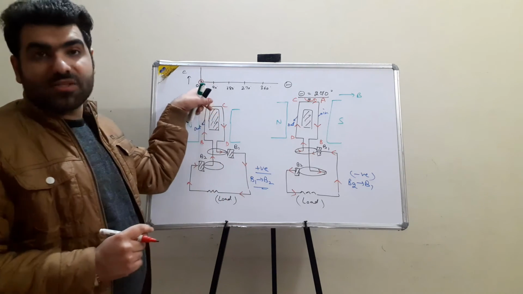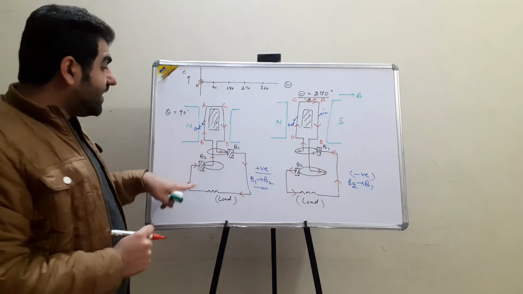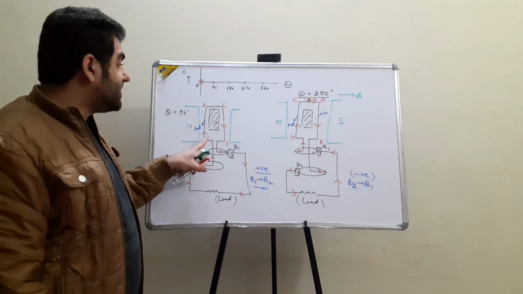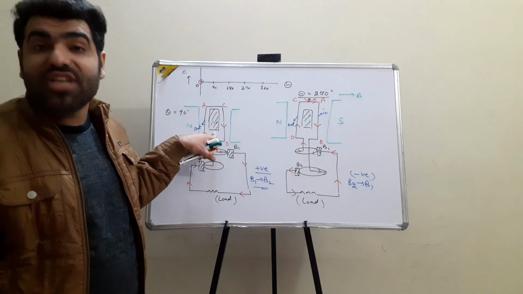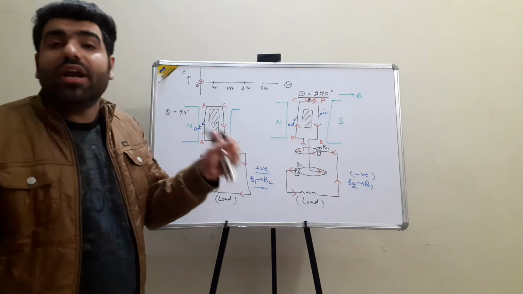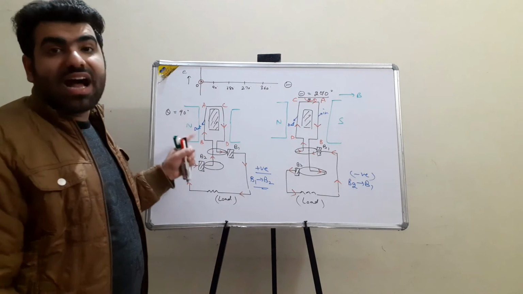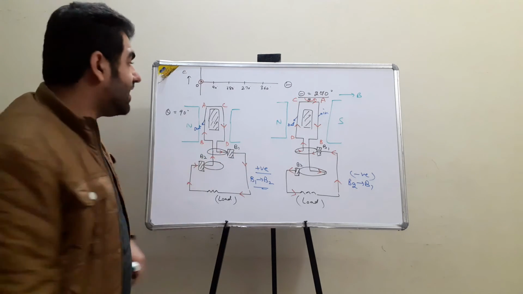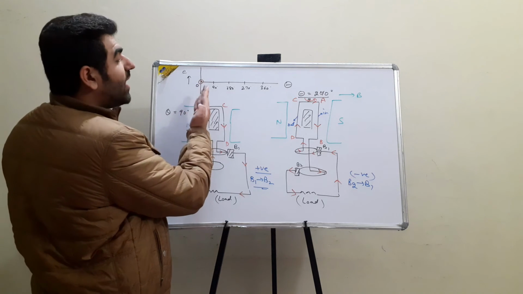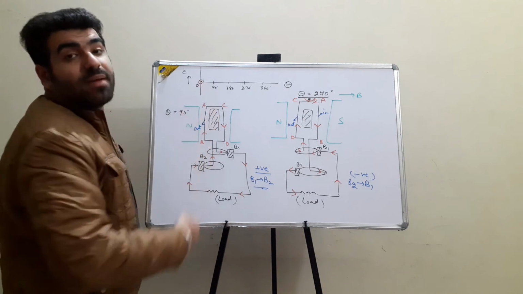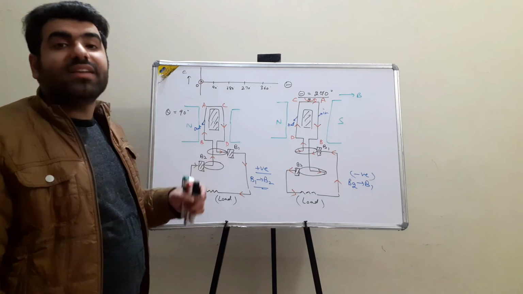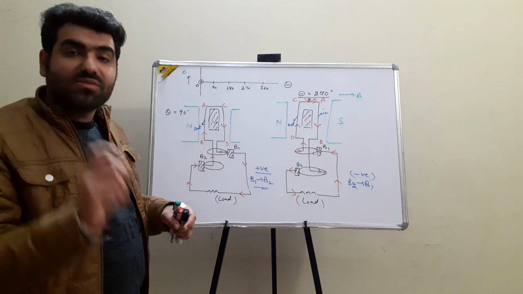So this is the starting point. When theta is 90 degrees, current is maximum because this has brought the maximum change. Again, the current will start to be induced the moment it starts to rotate at any angle. It means this is theta 0, then it will become 10, 20, 30, 40 and then 90 degrees. So the current will start to be induced, but the magnitude of that current would be small.